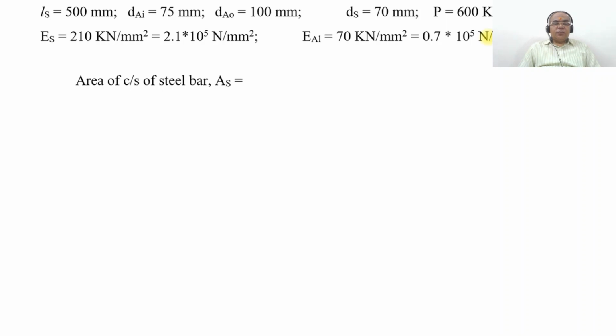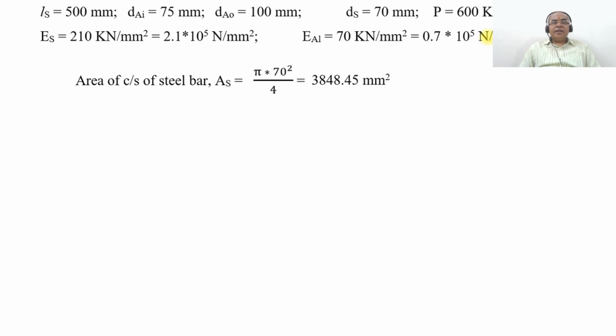First we are going to find out the area of cross section of the steel bar. The area of the steel bar will be equal to pi by 4 into ds square, so it is pi by 4 into 70 square. On calculation, you will get 3848.45 mm square. Now we will find out the area of the aluminum tube.